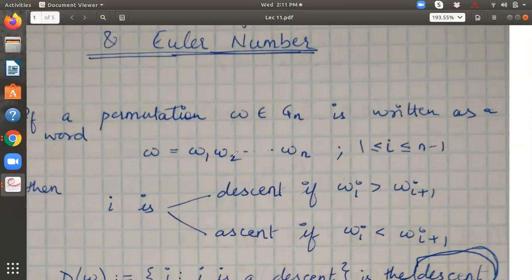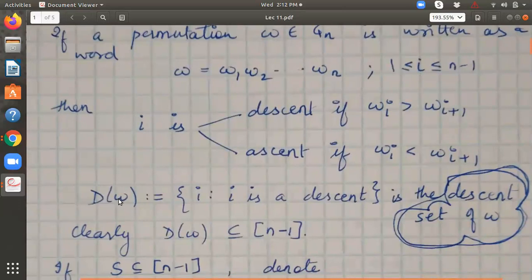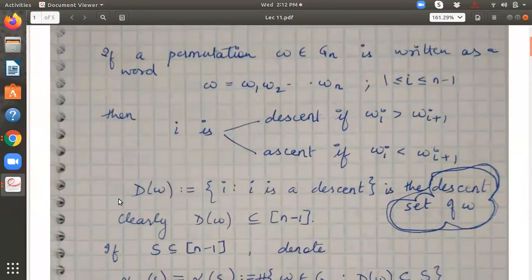If W2 also happens to be larger than W3, then 2 is also a descent. This way you can collect all the descents of the permutation W. And that set is called DW, the set of all the descents of this particular permutation W.